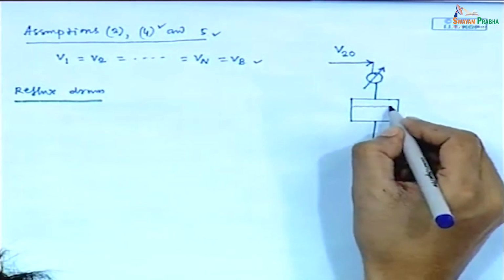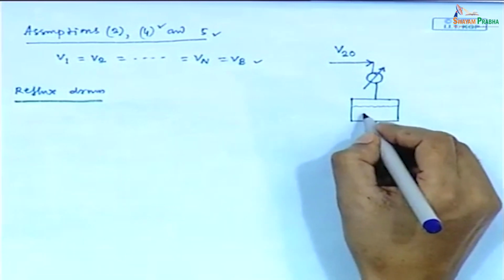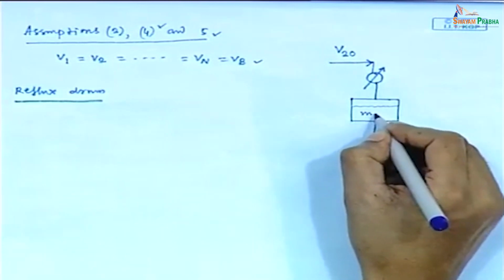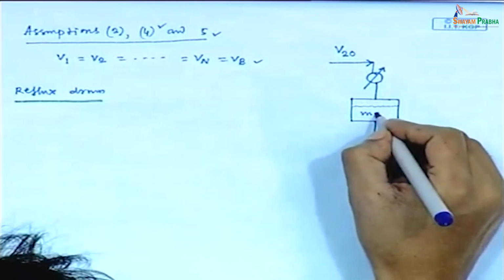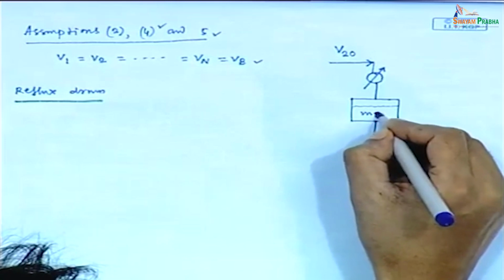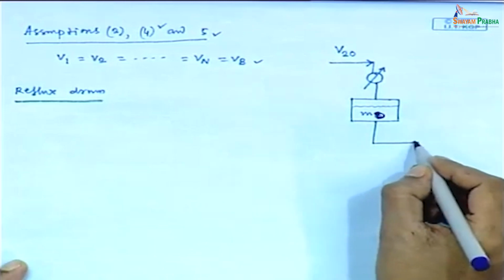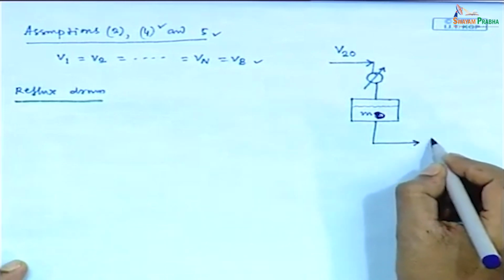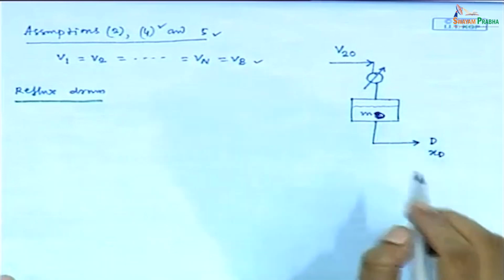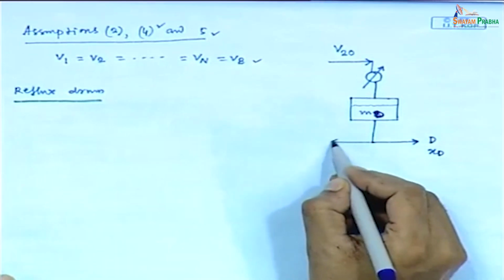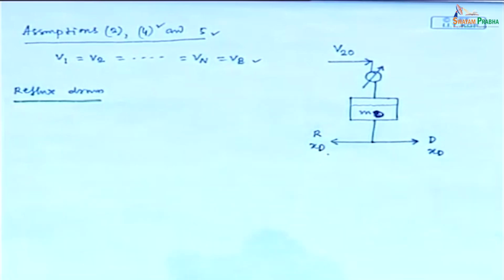Now, this is the accumulation of liquid in the reflux drum. Suppose the liquid hold up is MD. There are two outgoing streams, one is the distillate D with composition XD, and another is the reflux R with composition XD.